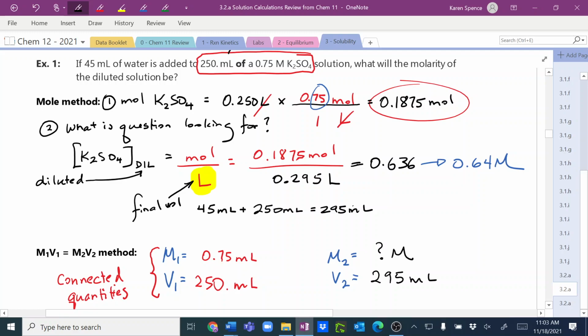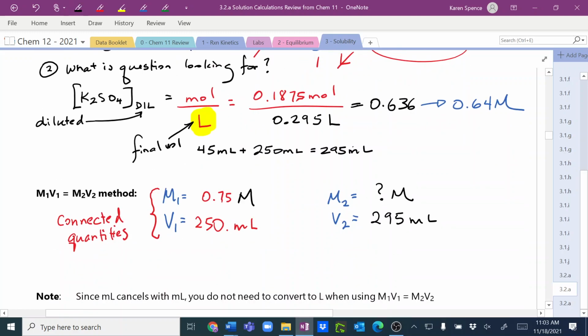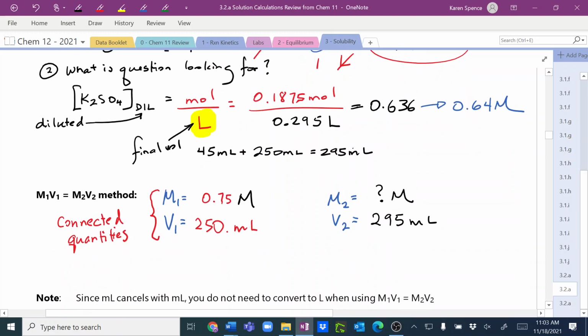Watch out, over in M1, I wrote 0.75 milliliters. That should have been 0.75 molar. One of the nice things about this formula is it allows you to not have to change milliliters into liters. Because you've got a milli and a milli, they will cancel out. Okay?